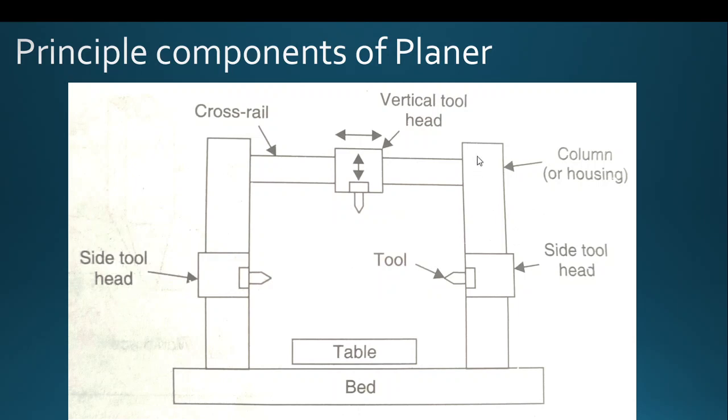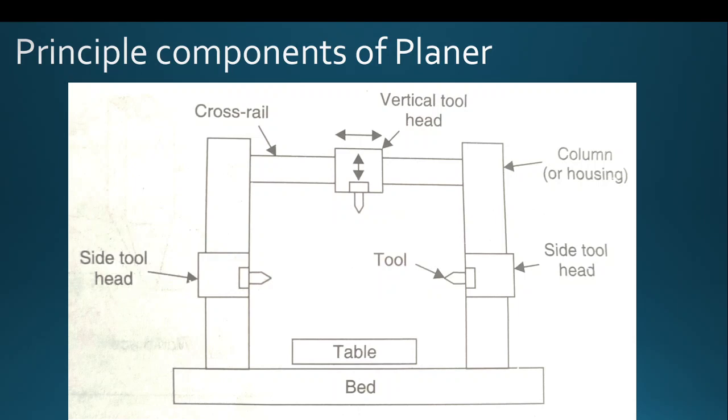And the two pillar-like structures are called the columns or housings of the planar, where we house the tool head, cross rail and side tool heads also. One important advantage of a planar machine, unlike the shaper, is that here more than one cutting tool can be operated at a time.